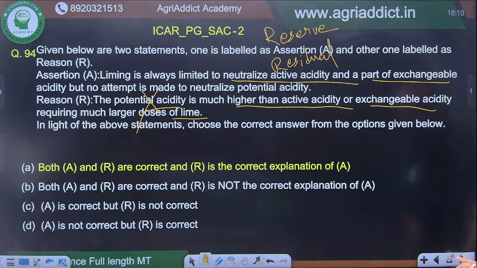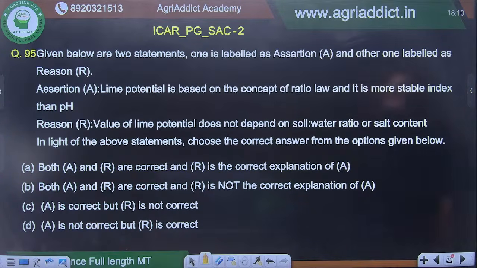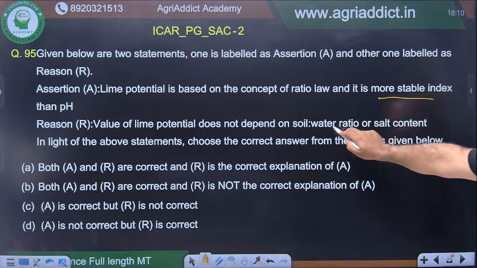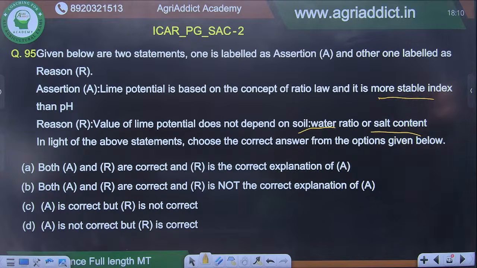All right, moving on. Lime potential is based on the concept of ratio law, and it is a more stable index than pH. Value of lime potential does not depend on soil to water ratio or salt content. Tell me the answer of this.